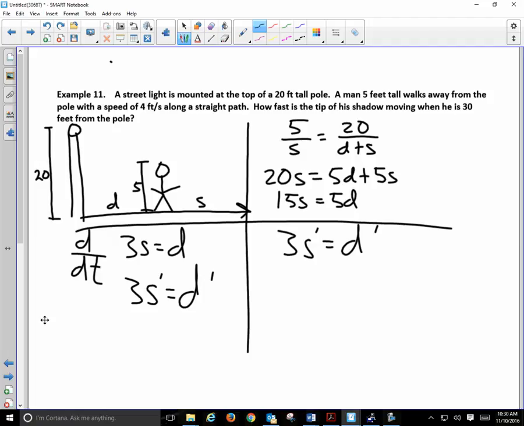Do I know D prime? 4. He's walking at a rate of 4 feet per second away from the pole. So 3S prime is equal to 4. So S prime is equal to 4/3 feet per second.